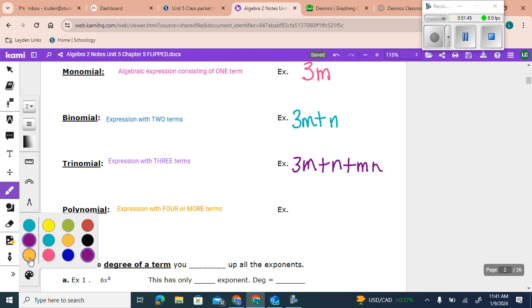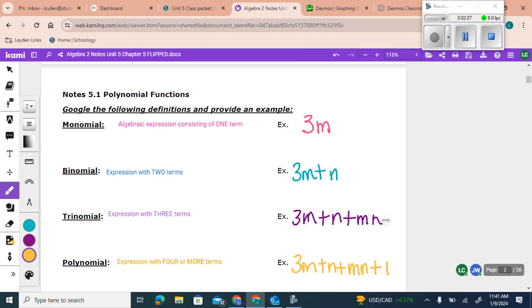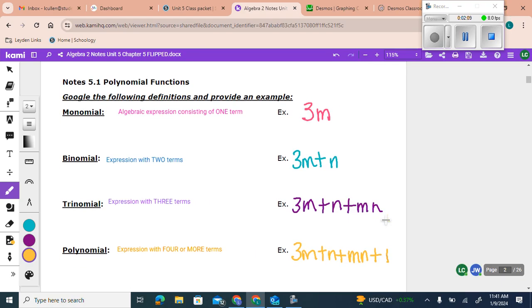And this looks something like 3m plus n plus mn plus 1. So you need to be able to classify your polynomials as monomial, binomial, trinomial, polynomial.